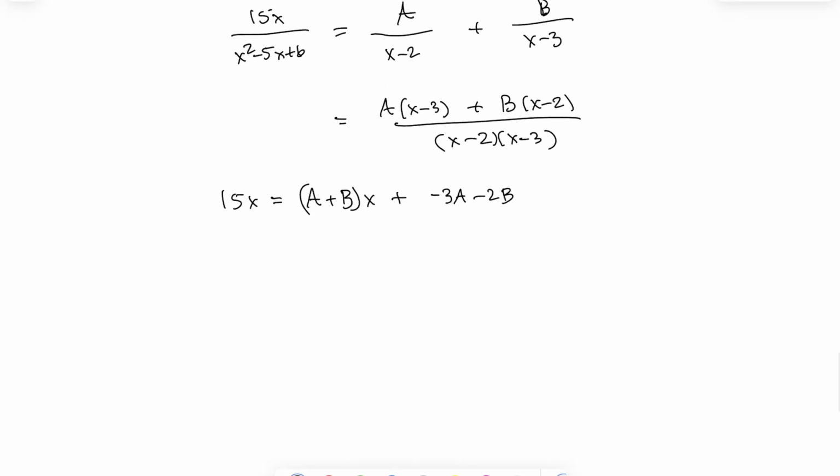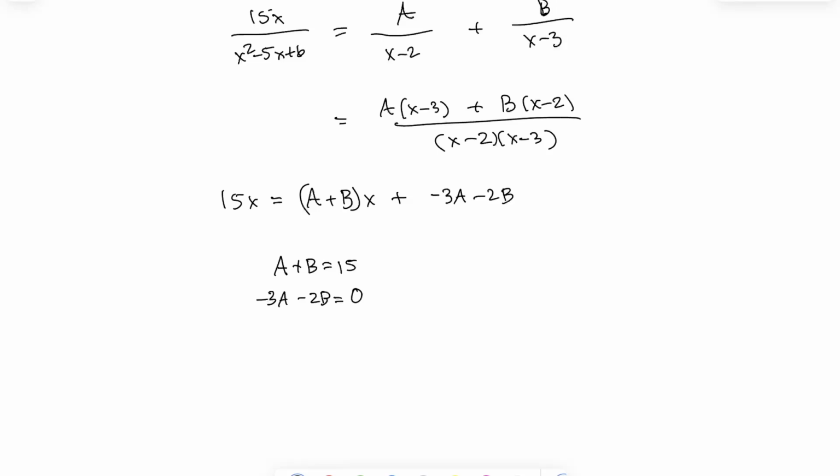And so for the partial fractions, my system shall be a plus b equals 15, and minus 3a minus 2b equals, what is that one? Just 0? Yeah, it's 0. There's no constant on the left side, so when I equate the like terms, I imagine a plus 0 on the left side to equal the constant.